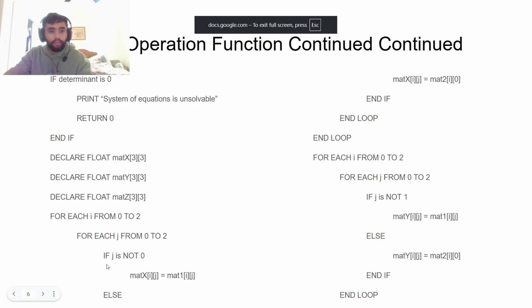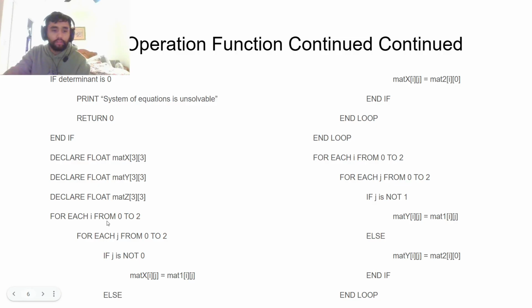And then this one iterates again from each column, then goes to each row, and here it's checking if the column number isn't the X column, which would be the 0th index. It'll set it equal to the matrix A, because this will be matrix A when this function gets called later, or like the initial set of equations.